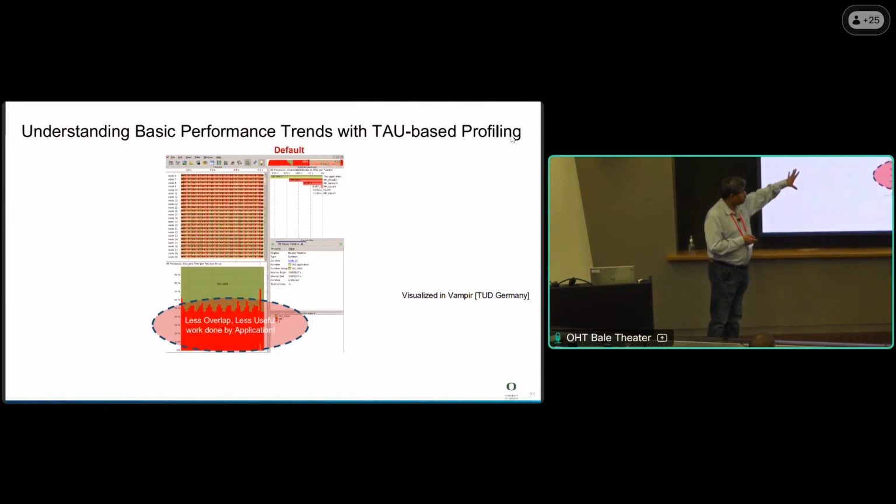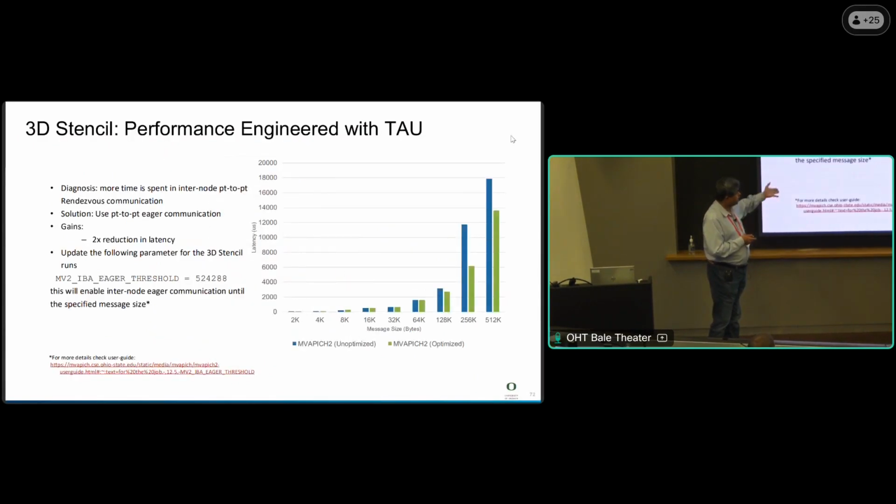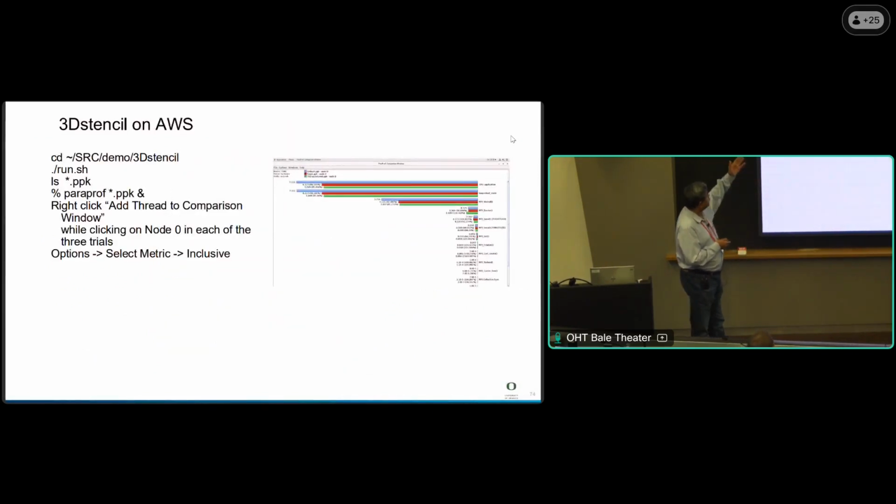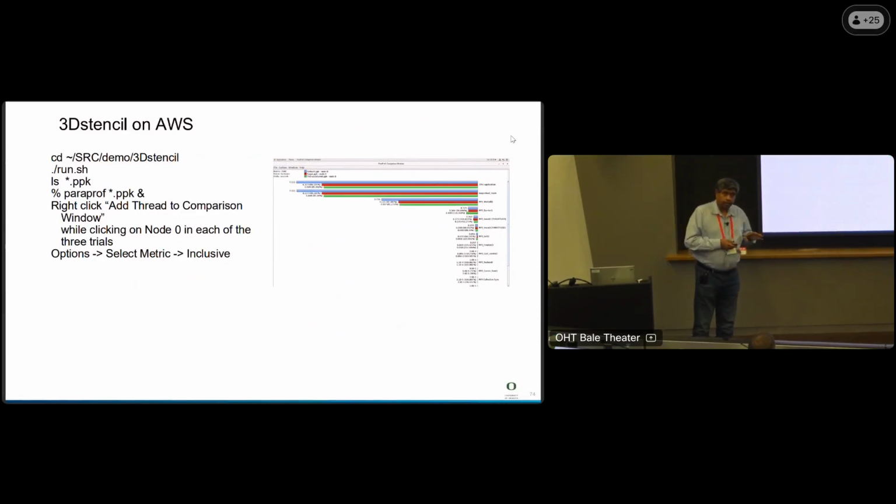The overlap between the user space and MPI is shown here in Vampir, the trace visualizer from TU Dresden. You can then see the improvement in performance, optimized versus unoptimized, where there's more overlap now. And then you can see a plugin based architecture where we can change the threshold for eager to rendezvous protocol switch within an MPI operation.